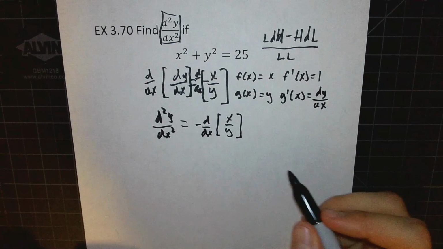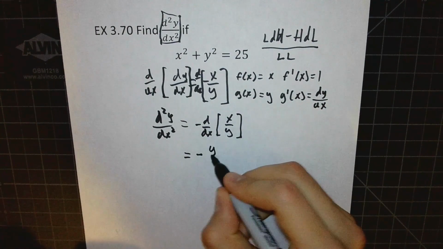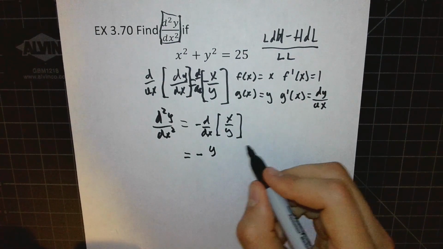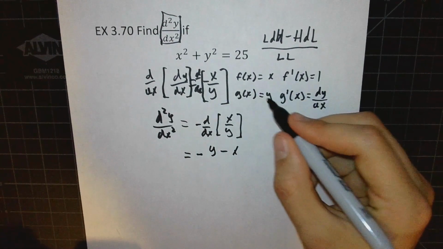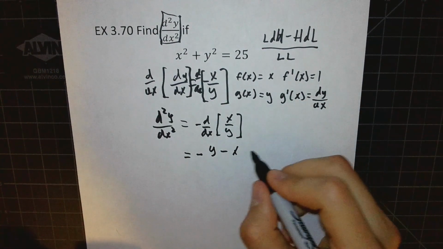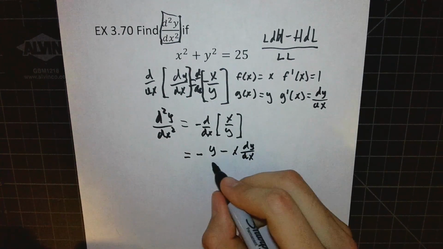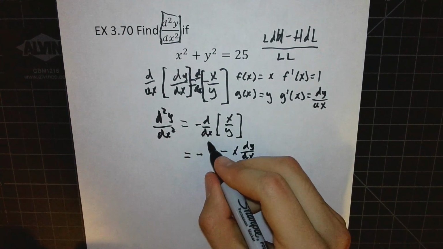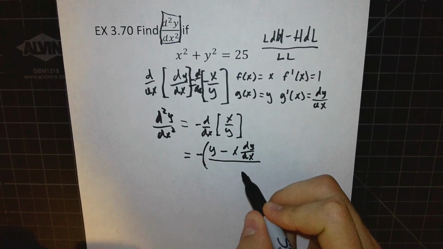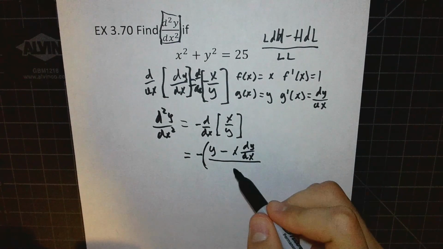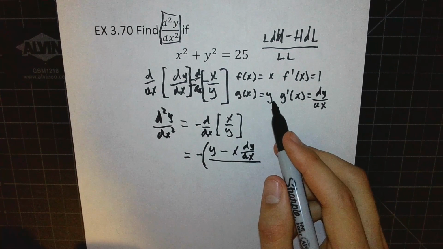So we'll then have negative our bottom, y, times the derivative of our top, which is 1, minus our top, x, times the derivative of the bottom, which is dy/dx, all over, I'll put a little parentheses there so we don't get tripped up with our negative. This will be all over the bottom squared, and the bottom squared is just y squared.